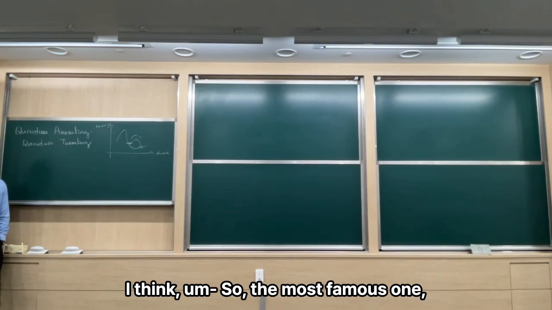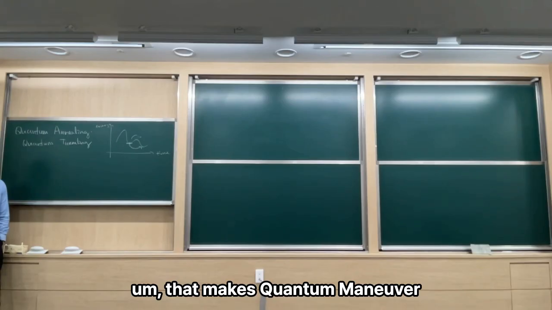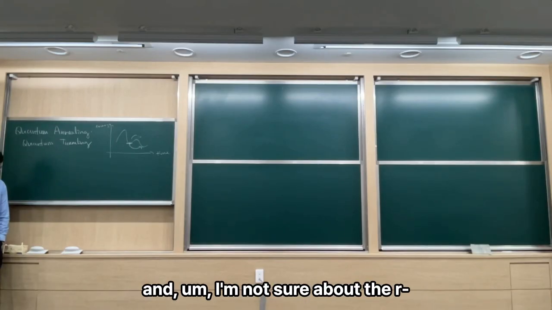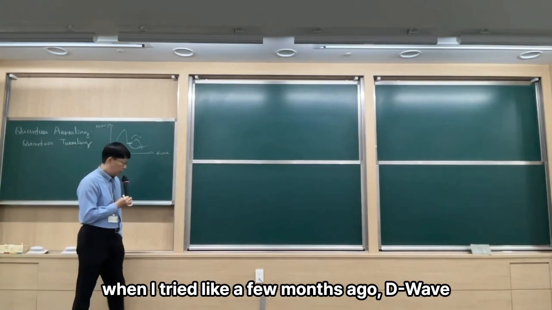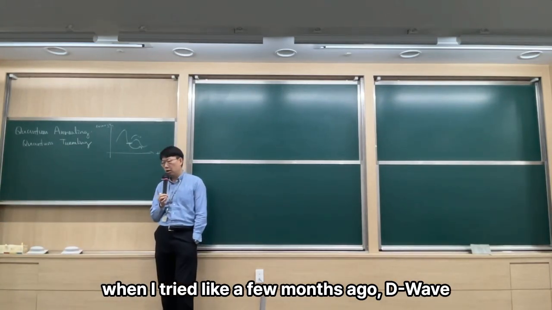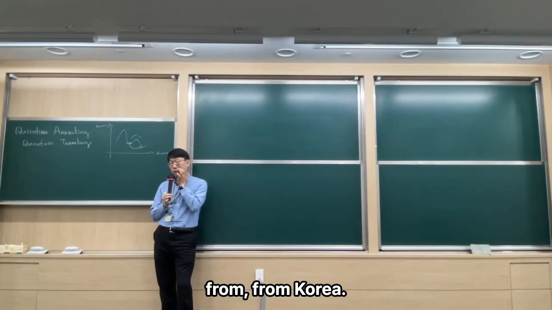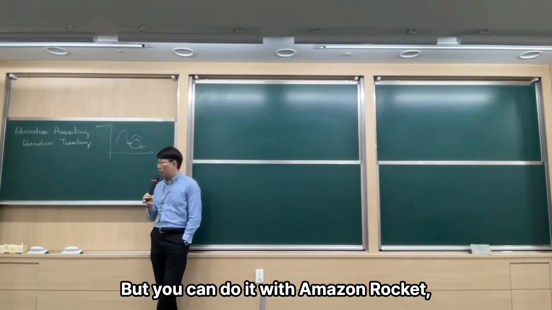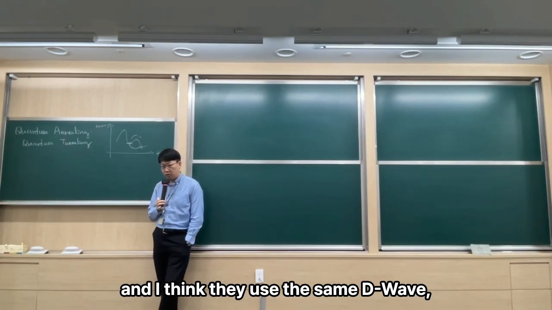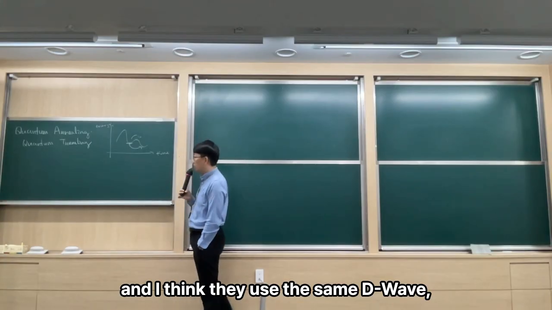The most famous maker of quantum annealers is D-Wave. I'm not sure about right now, but when I tried a few months ago, D-Wave didn't allow me to access their computer from Korea, but you can do it with Amazon Braket, and I think they use the same D-Wave quantum computer.